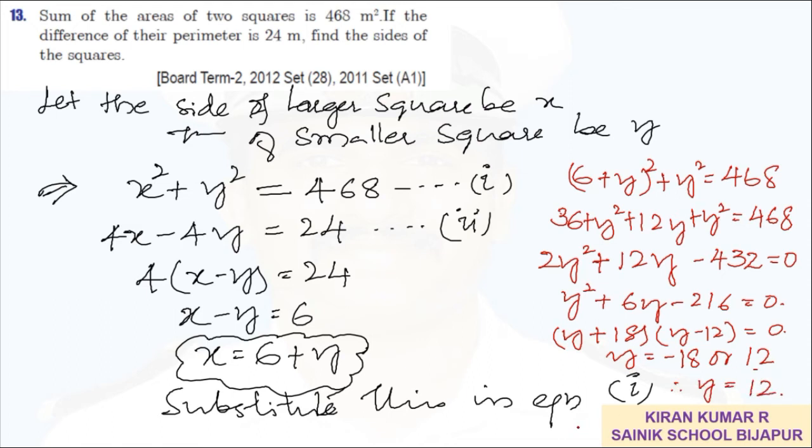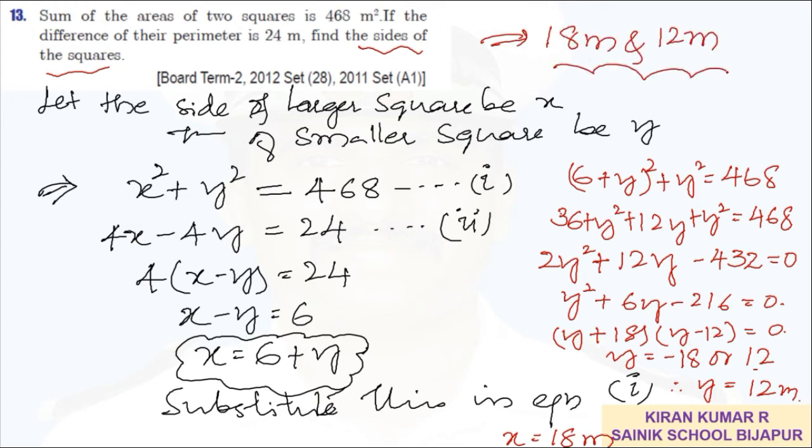We can find the value of x. X will be 18. So the sides of the squares are 18 meter and 12 meter respectively.